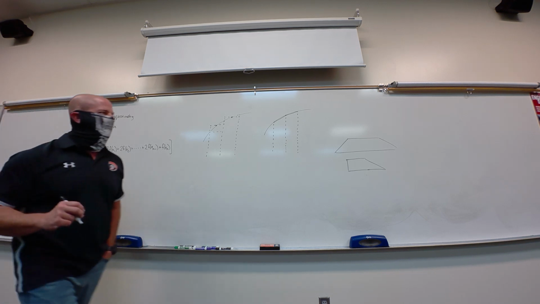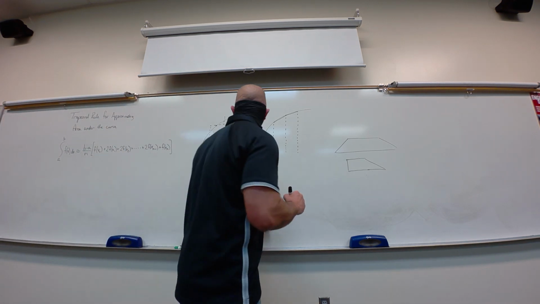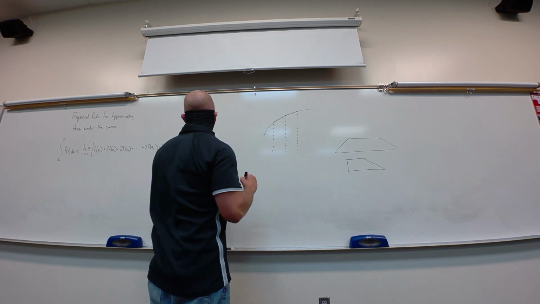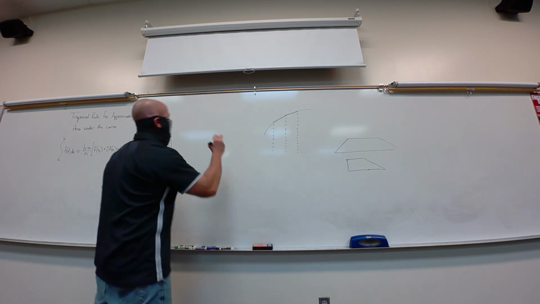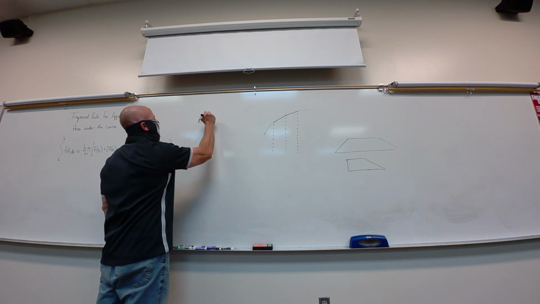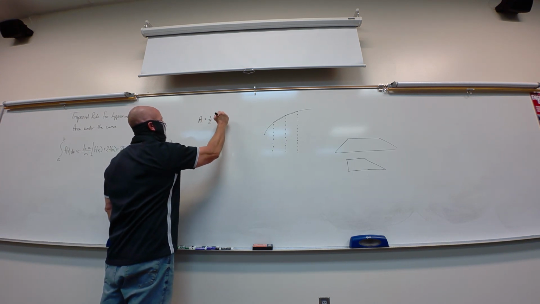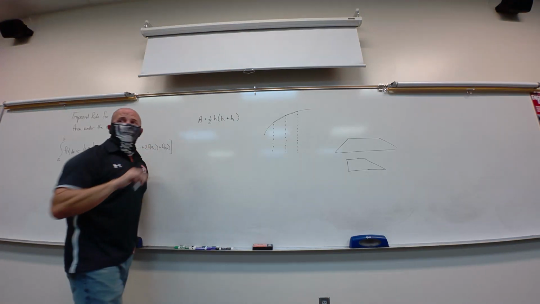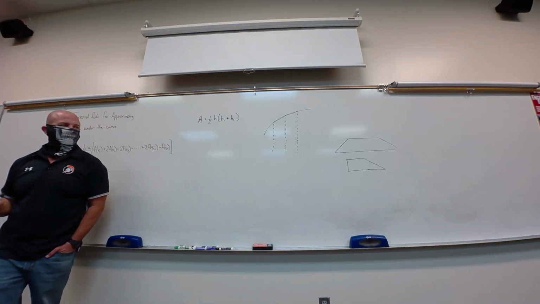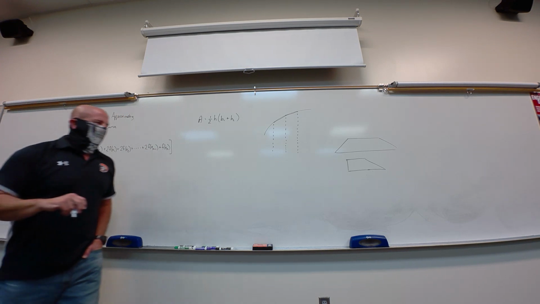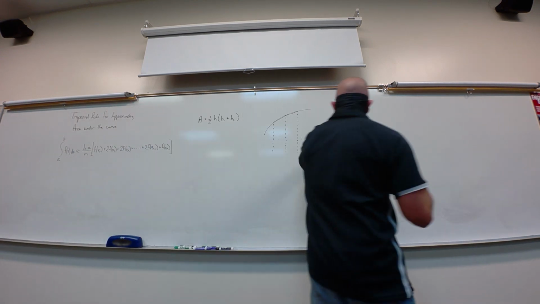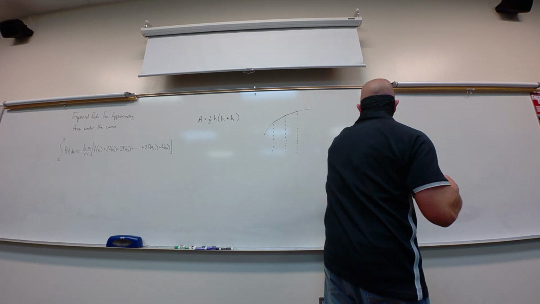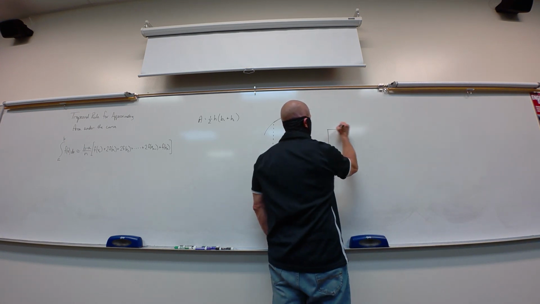So let's kind of think here from our past. The area of a trapezoid, 1/2 h b1 plus b2. That's how we find just the basic area of a trapezoid. And I'm just going to redraw this one a little bit bigger.